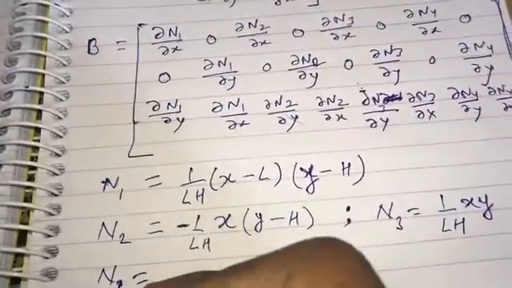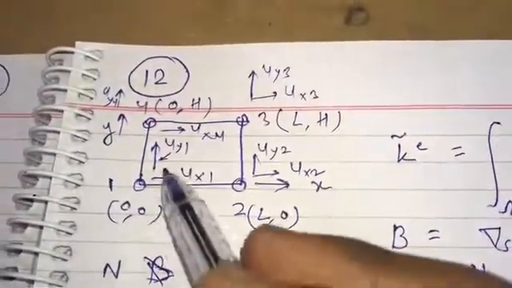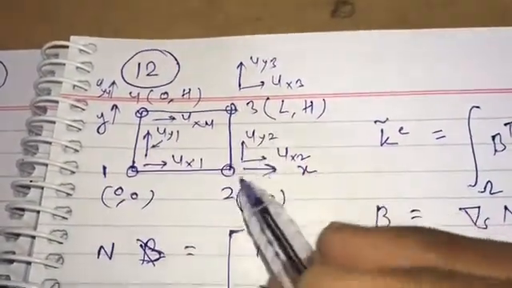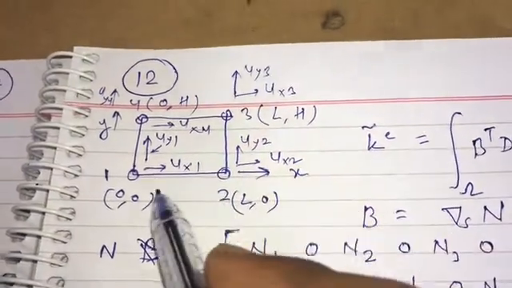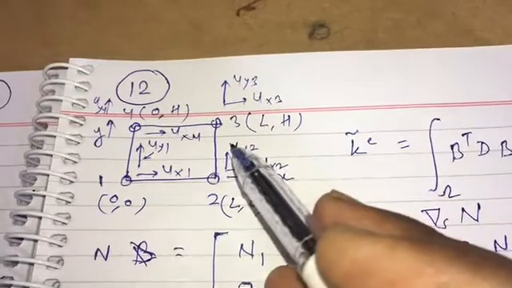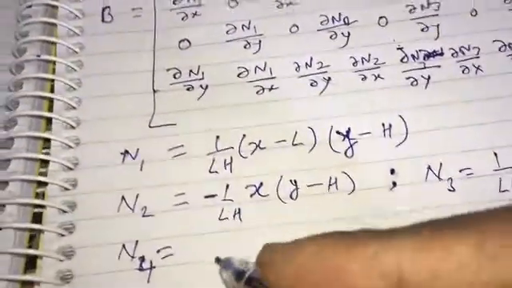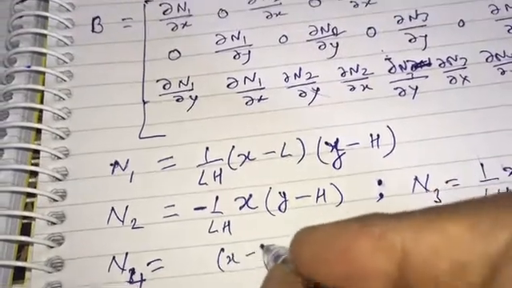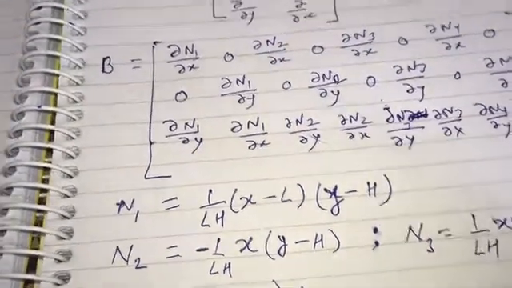We now find out n4. Okay, for n4 we have these two lines. So y equal to 0 and x equal to L. So x minus L and then y.